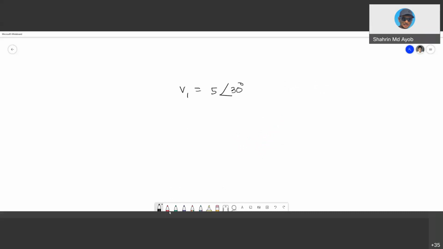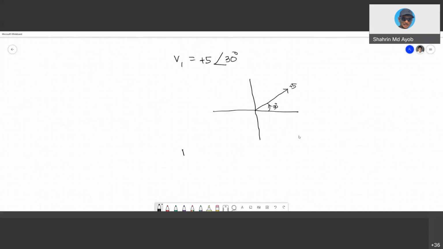For example, 5 with 30 degrees. In a phasor, if this one is positive, you will have 5 with an angle of positive 30 degrees. But what if you have V1 equal to negative 5, 30 degrees?